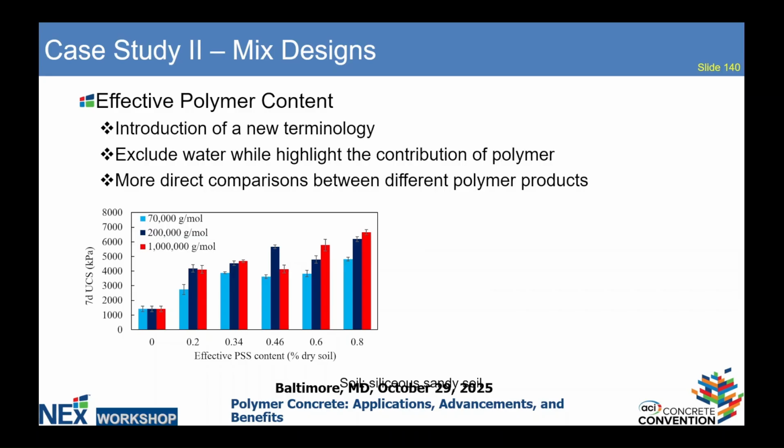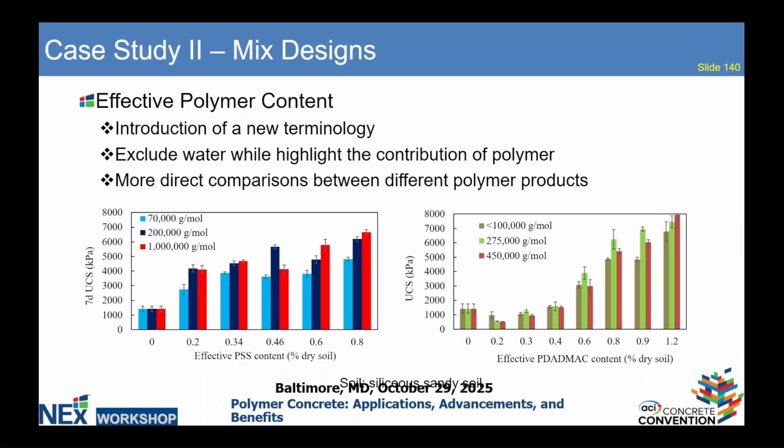Eventually, it will dry out. So effective polymer content highlights the contribution from the polymer itself. By doing that, we can have much more direct comparisons between different polymer products, probably different researchers, as long as they report that, or if not, provide both pieces of information: how much polymer product you put in there, and what's the concentration of the polymer product you're using.